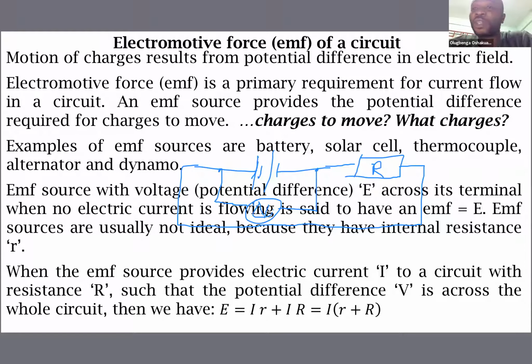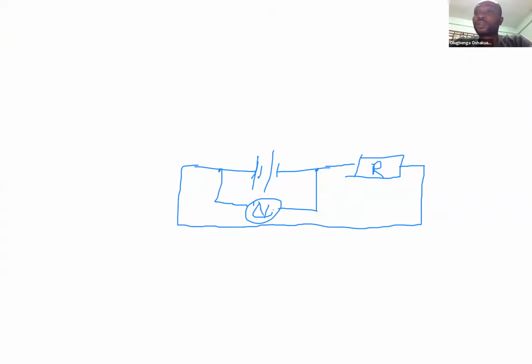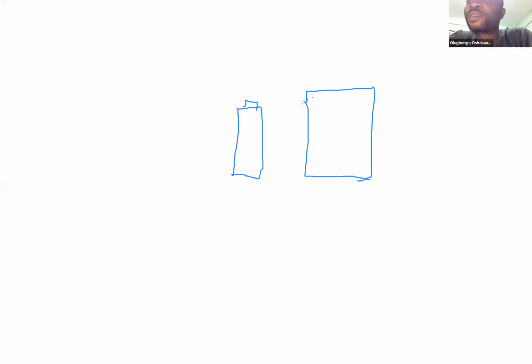Let me give some examples that you should be conversant with. You must have seen different batteries in the market, Tiger batteries. Some are slim, for calculators and wall clocks, some are a bit fatter.